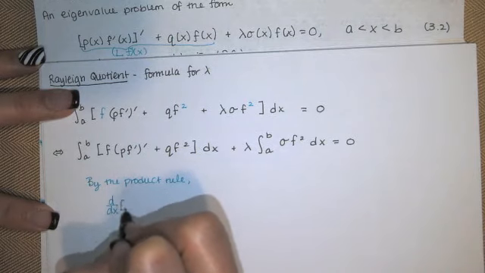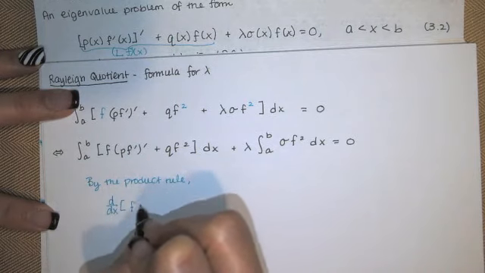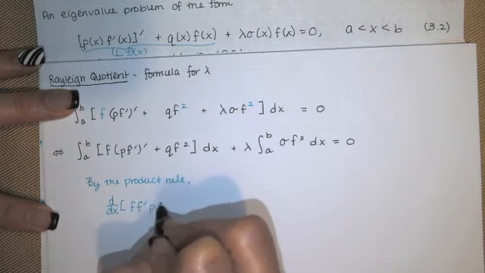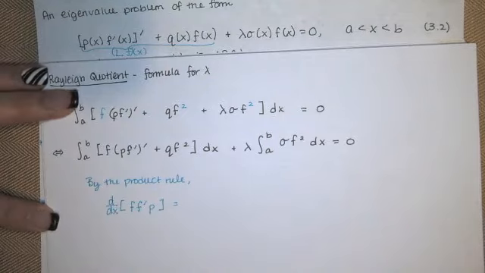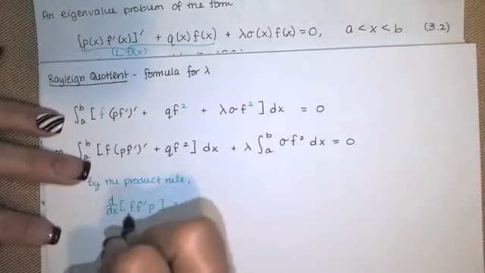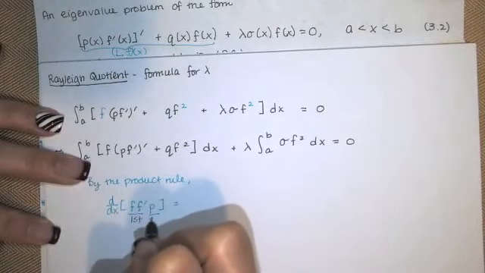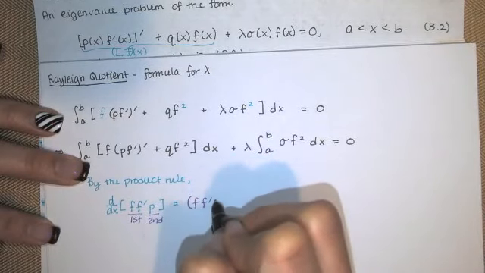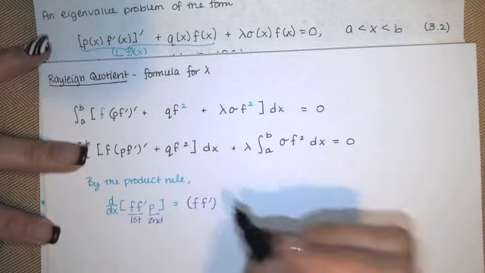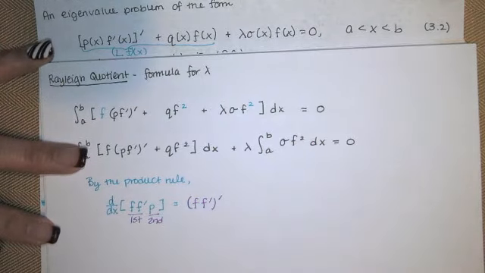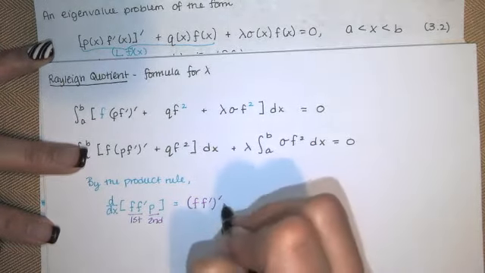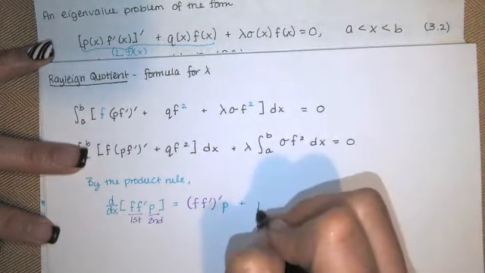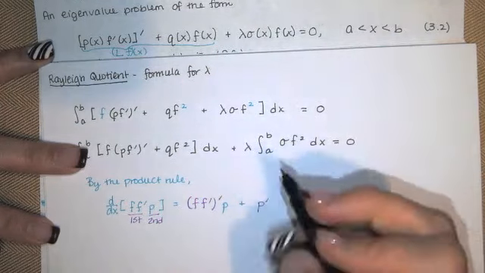If I take the derivative of f times f prime times p, using the product rule, if this is my first function and this is my second function, I would have derivative of the first times the second, plus derivative of the second times the first. I'm just going to switch here from the Leibniz operator notation to prime notation.